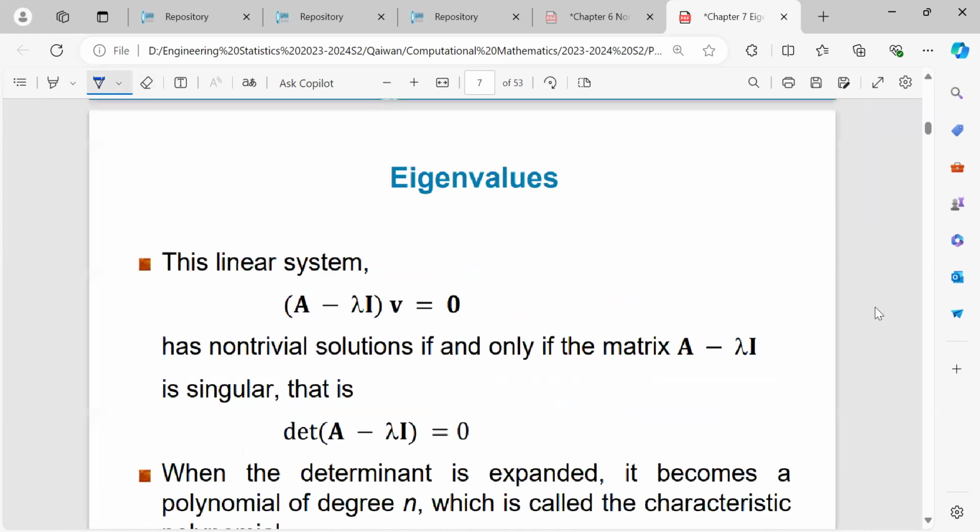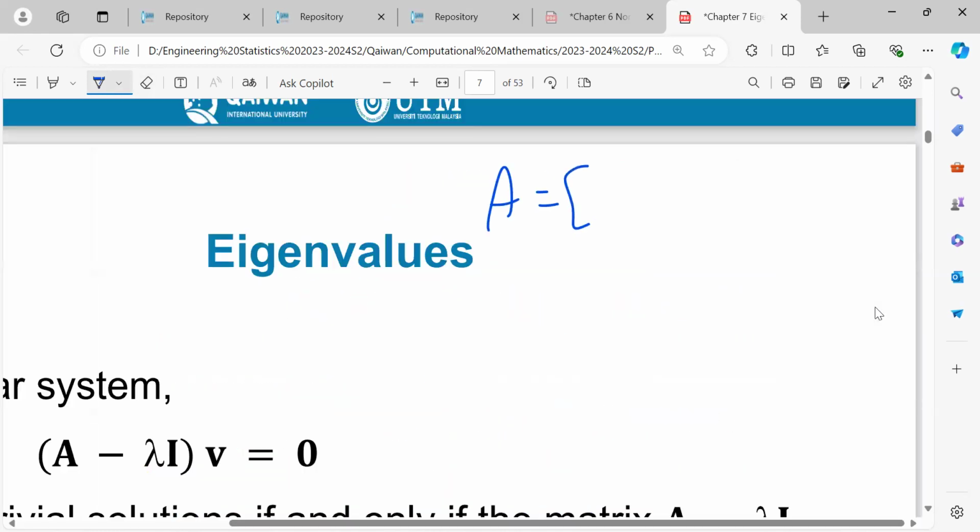Here, let A be, let's say, 2, 1, 8, let's say 5. To find the eigenvalues, the eigenvalues are the roots of the polynomial that we get from A minus lambda I. We need to first find lambda I, and A is given.